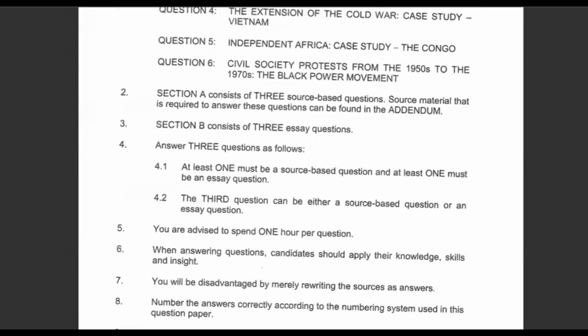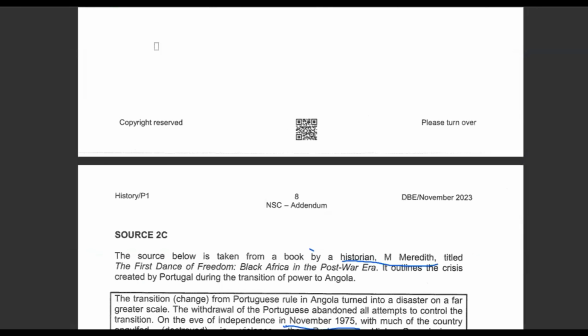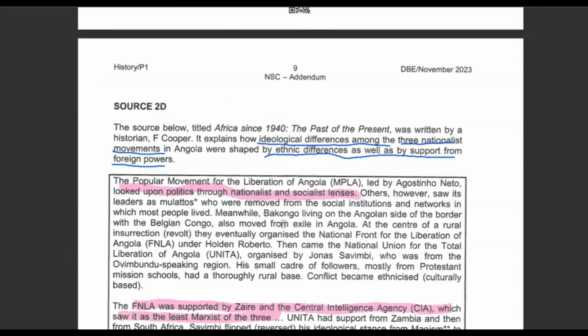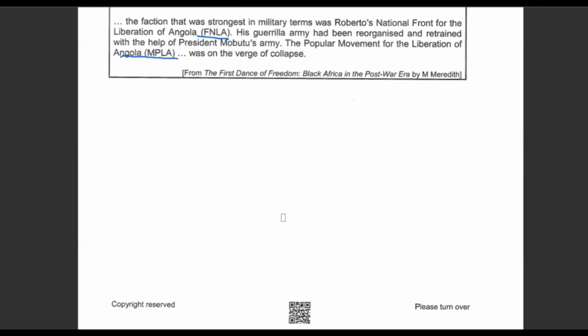So we are going to create space on the addenda to show how those three political movements or political formations ended up fighting against one another.